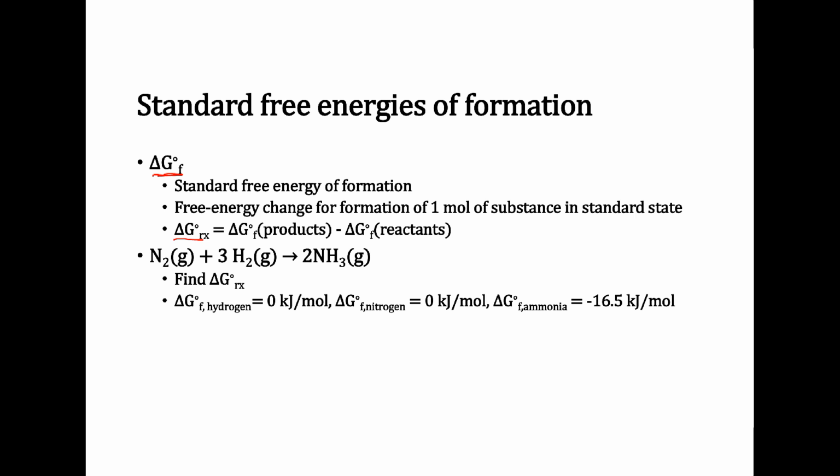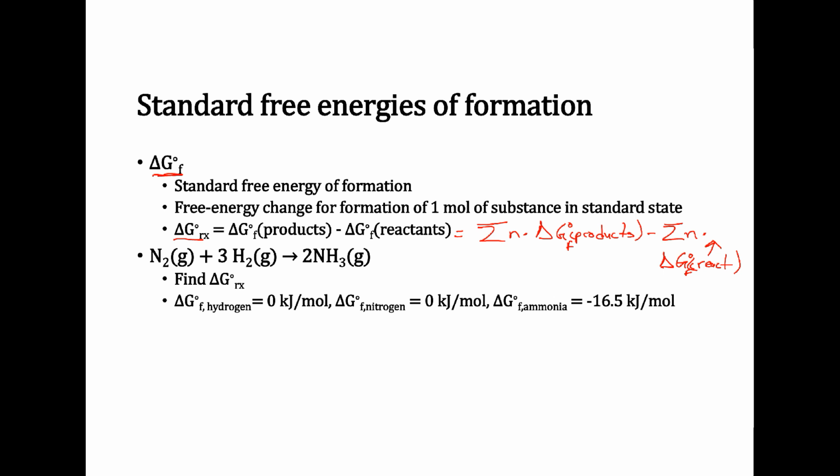And this would be better expressed as the sum of the moles times delta G of formation of the products minus the sum of the moles times delta G of formation of the reactants.